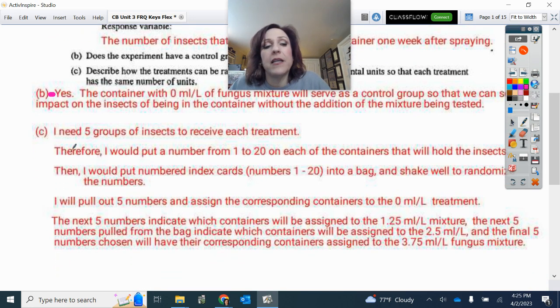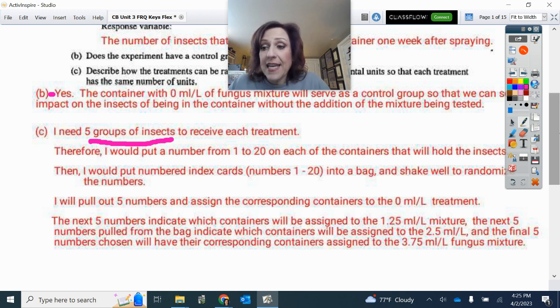So I said I did the big bag thing. I need 5 groups of insects to receive each treatment. So I put the numbers 1 to 20 on the containers. I put the numbers 1 to 20 in a bag, shake them well, randomize the numbers, pull out 5 numbers, and they get assigned to the 0. The next 5 numbers in their containers get assigned to that, and so on.